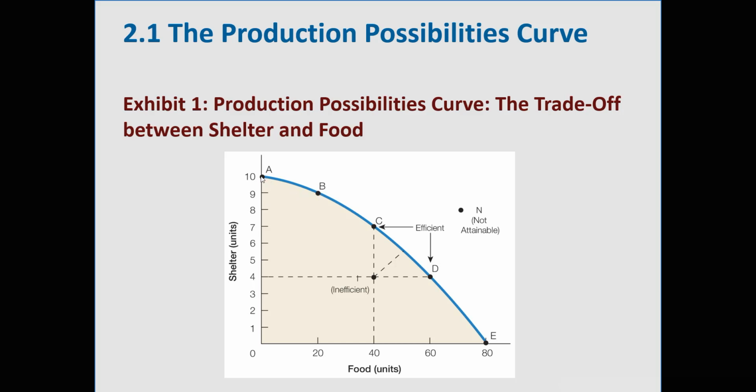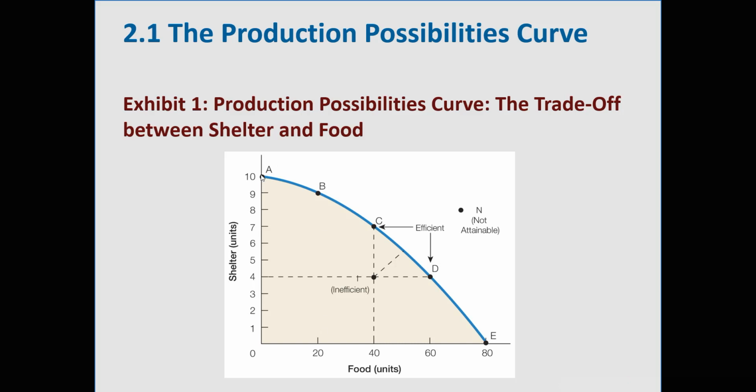So when you move from one point to another, first of all, it shows a choice you've made. You are at A, you choose to produce B. What does that mean? It simply means you are giving up 1 unit of shelter in order to choose 20 units of food.